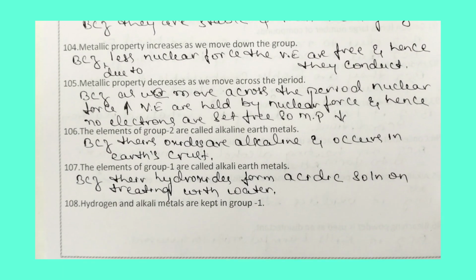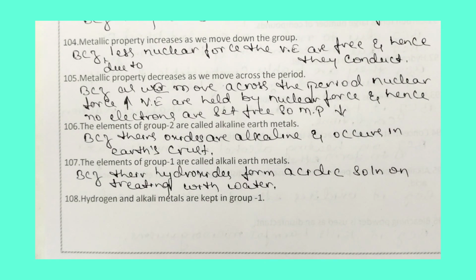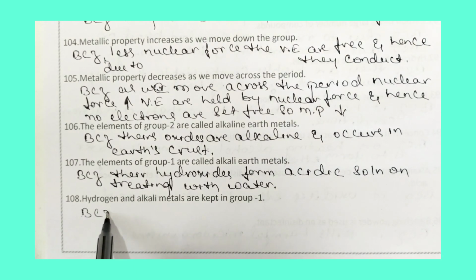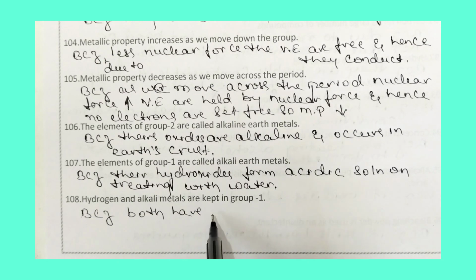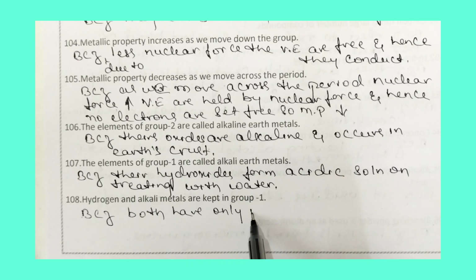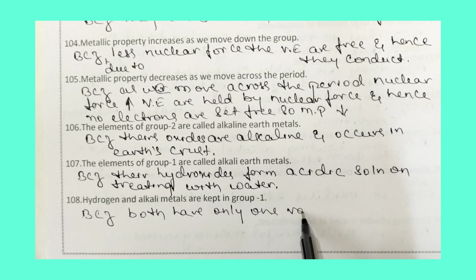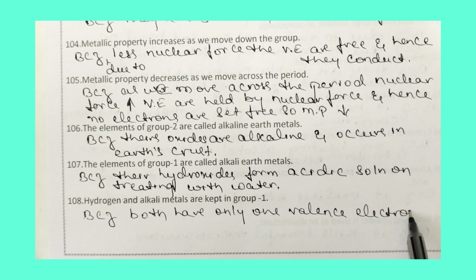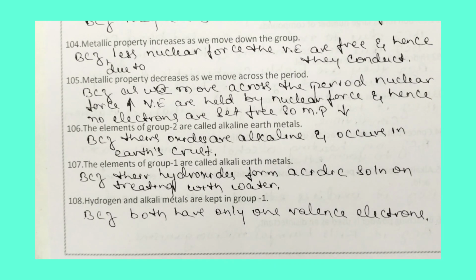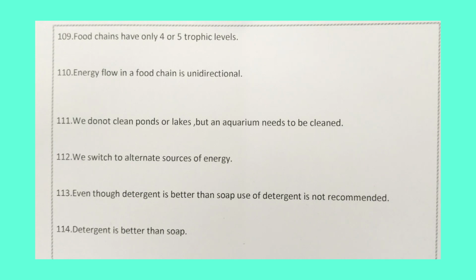Next, question number 108. Hydrogen and alkali metals are kept in group 1 because both have only one valence electron. Now let us move to question number 109. Food chains have only 4 or 5 trophic levels.